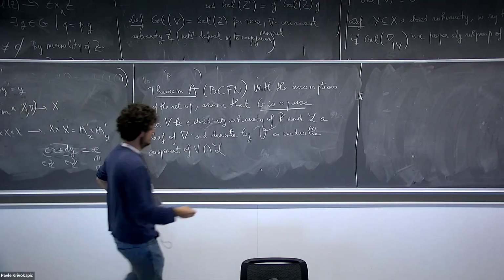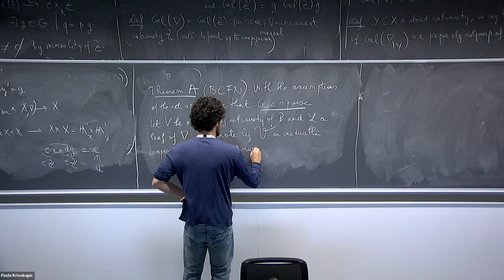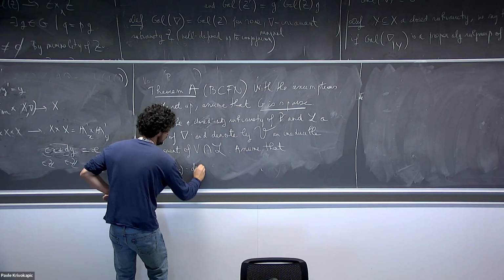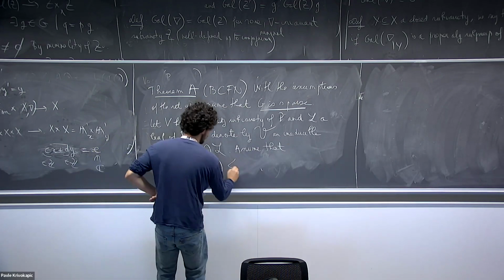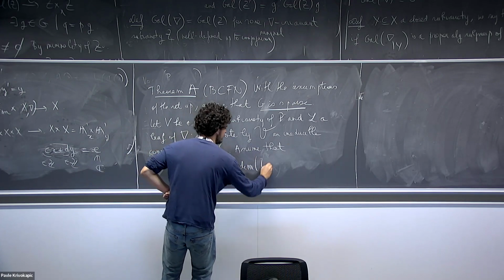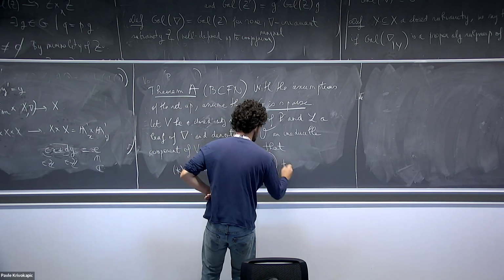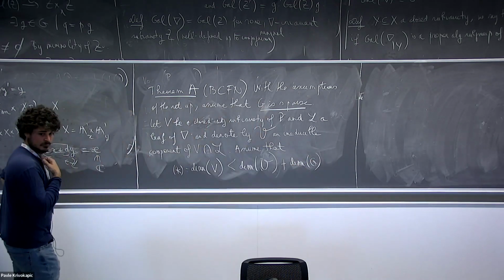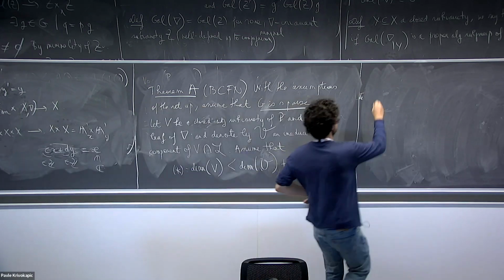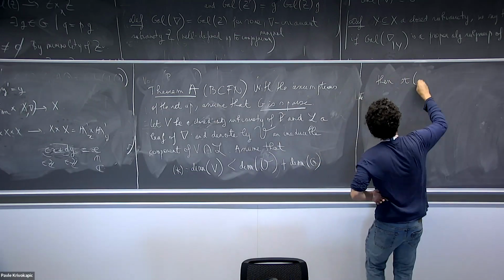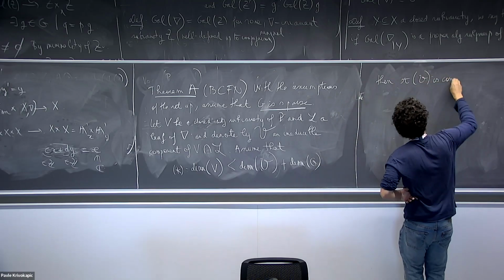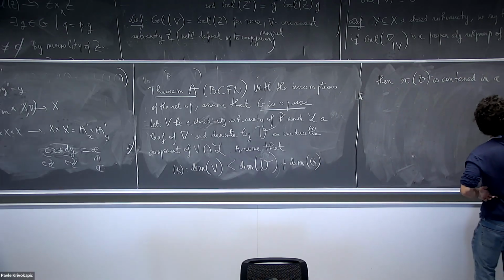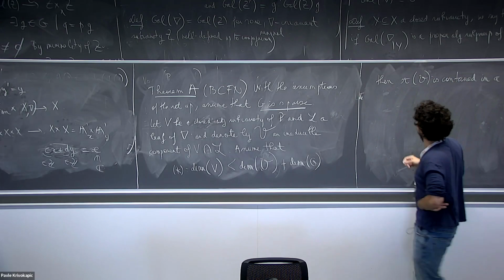And you assume that the dimension of V is smaller than the dimension of this irreducible component of the intersection plus the dimension of your group G. Then the projection of V is contained in the delta special subvariety of X.